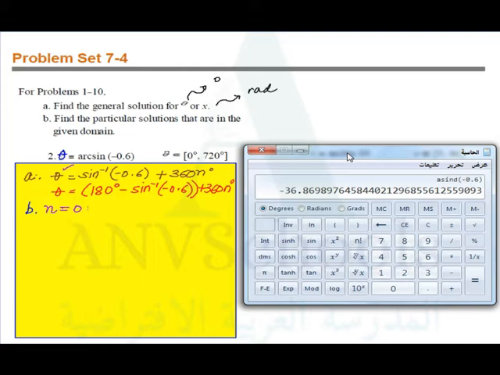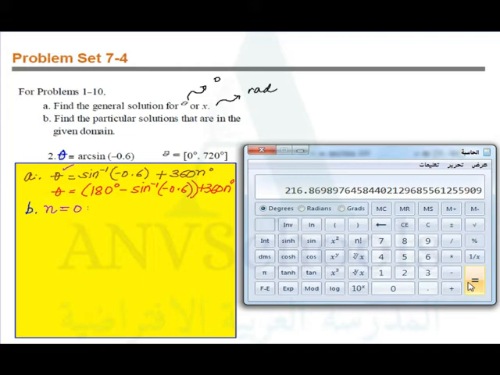Okay, so that will give us, multiply it first by negative. So that would be 36.8698 plus 180. So that would give us 216.8698.